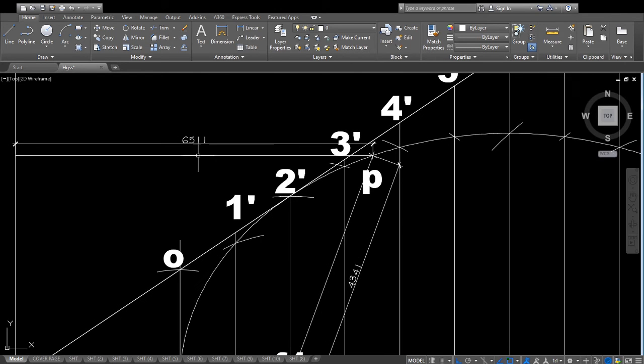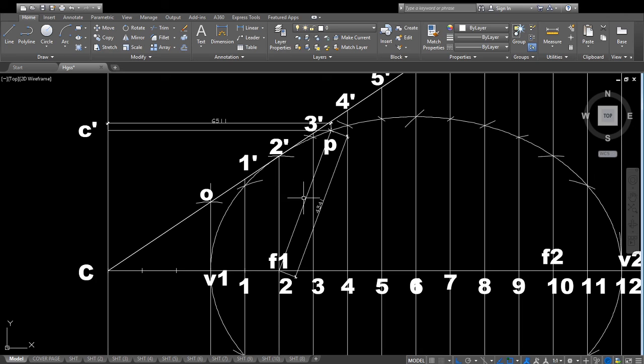Okay, we have 6511. So let's check this and see.